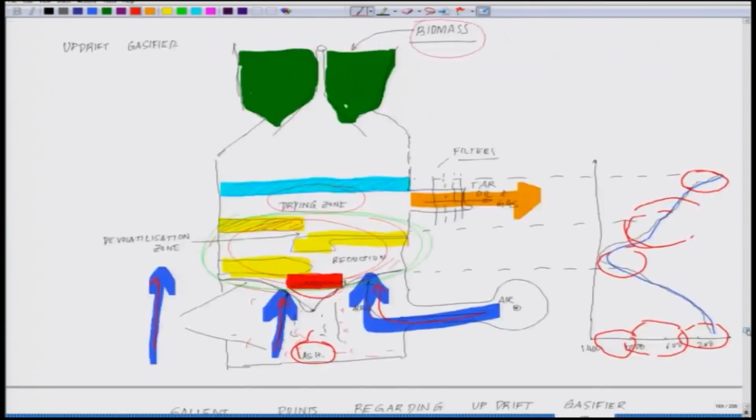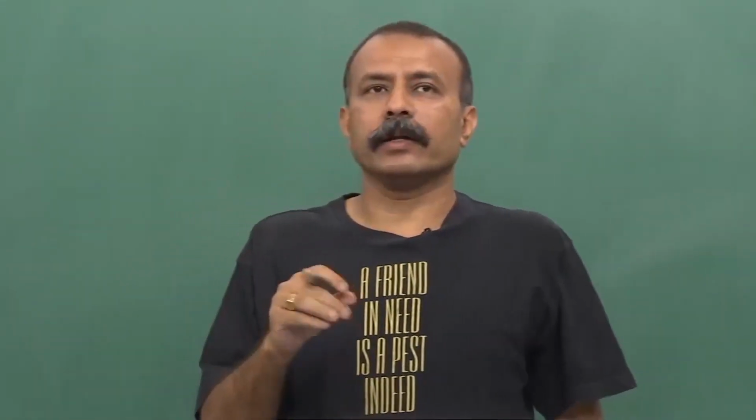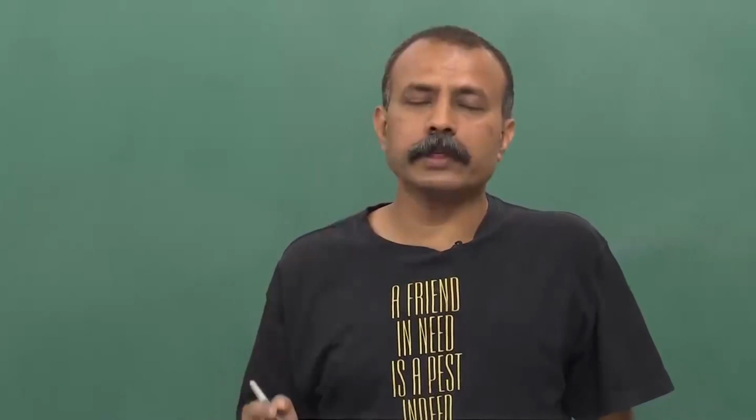If you follow this plot, you will see around 200 to 300 degrees centigrade, where in this zone the gas is kind of getting cooled down. So, the gas you are obtaining is around 200 to 300 degrees centigrade, which is easy to handle at a lower temperature, and the efficiency of the system is much higher at such temperature.